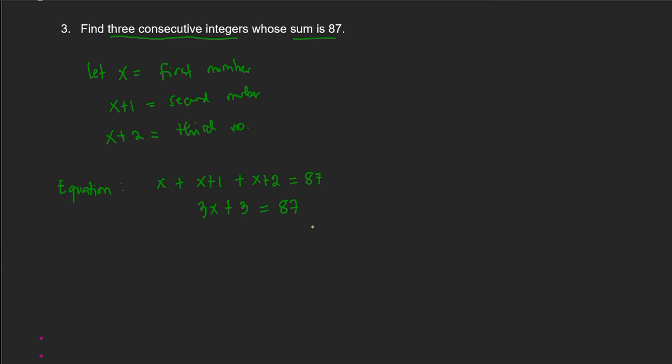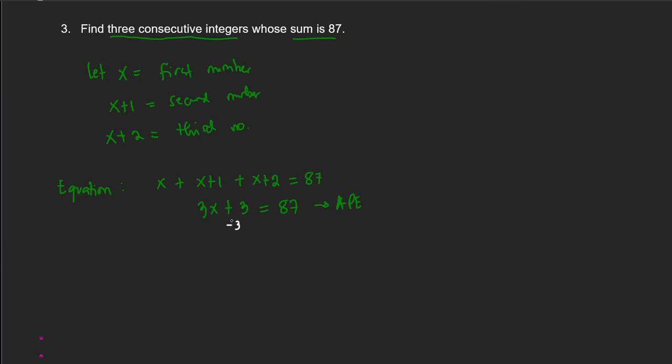Now remember also na yung goal po natin dito is to identify the value of x. So basically, we have to eliminate the positive 3. So same pa din, you apply the APE. So if we have positive 3, what will be the inverse number of positive 3? That is negative 3.